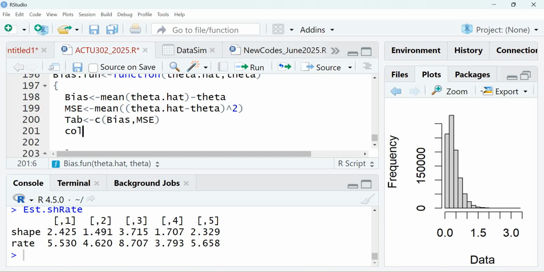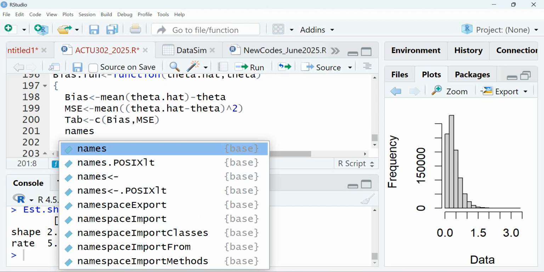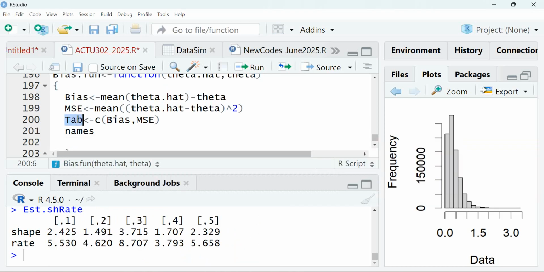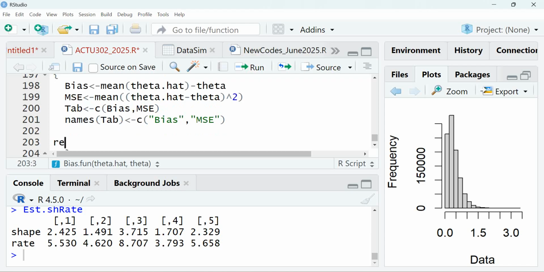And then I can look at names, which is the same as what we did. If you want to round them off to some decimal places, you can, isn't it? We've done that already, so we don't want to.